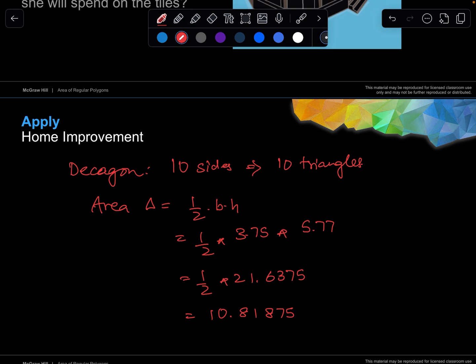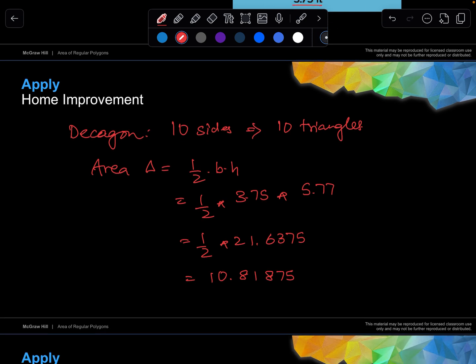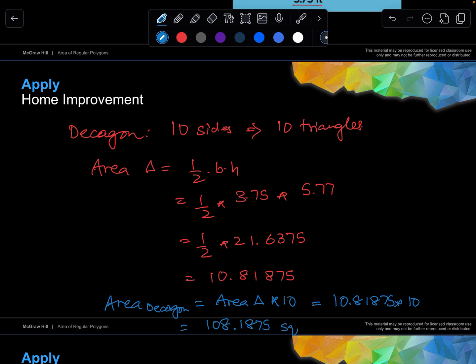And that just gives me the area of the triangle, right? So now I have the area of the decagon equals the area of the triangle times 10, which is equal to 10.81875 times 10, which is 108.1875 square feet.